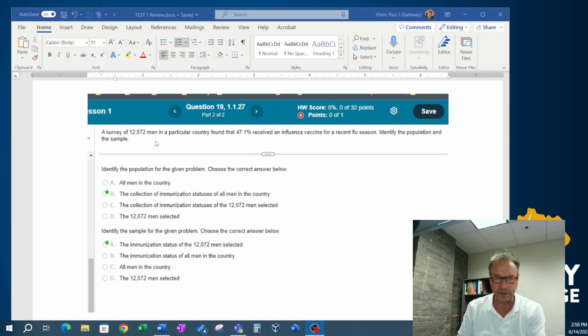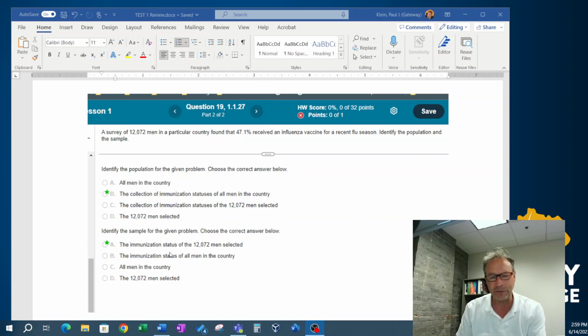Identify the population in the sample, right? Well, this is the sample, the 12,000. And down here, it says identify the sample. And it does have the 12,000, but it really refers to the status, the immunization status.